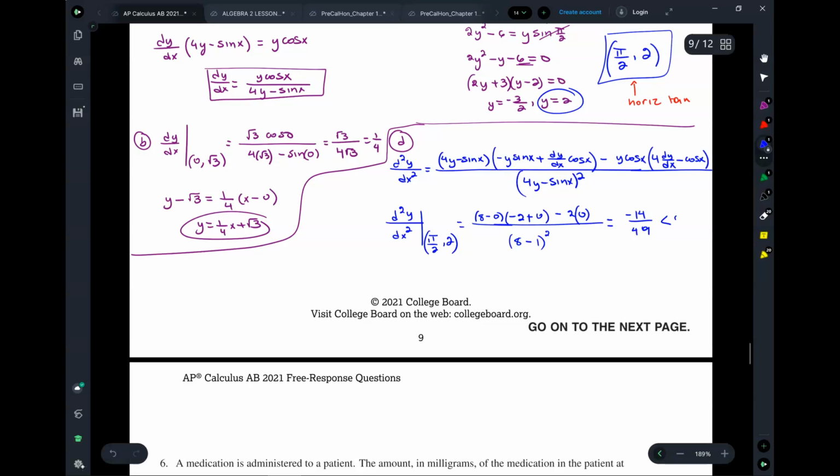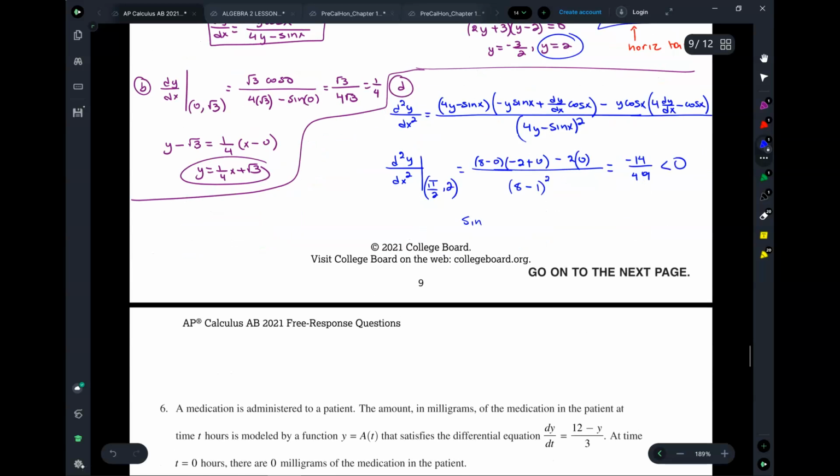But all I care about is that that's negative. So, since dy dx is 0 at this point, at pi over 2 comma 2, and d squared y dx squared is negative, okay, there is a what?